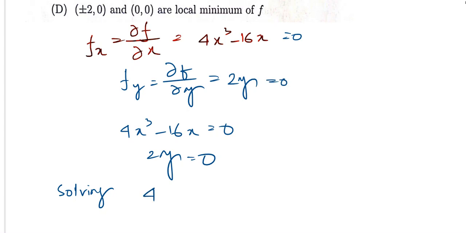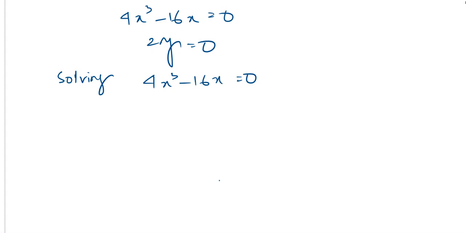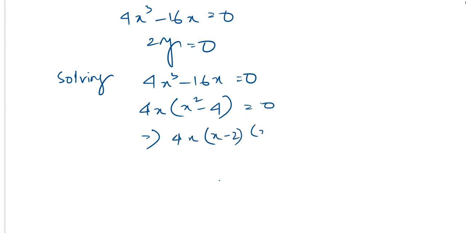Solving 4x cube minus 16x equals 0, taking 4x common, we get 4x into x square minus 4 equals 0, that is 4x into x minus 2 into x plus 2 equals 0.